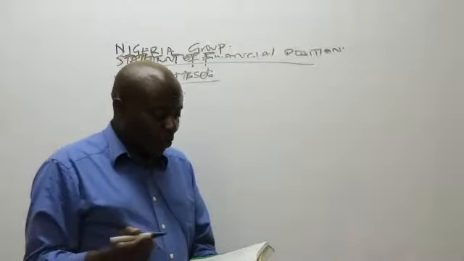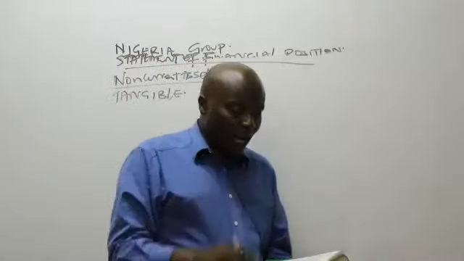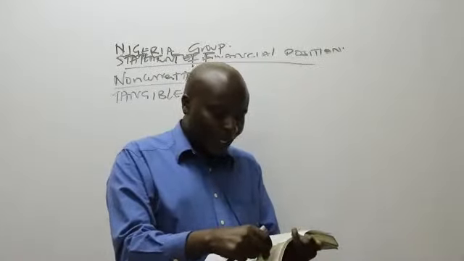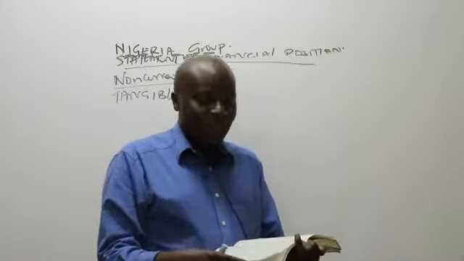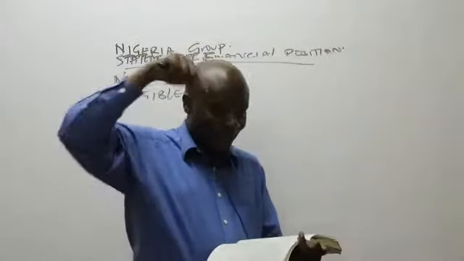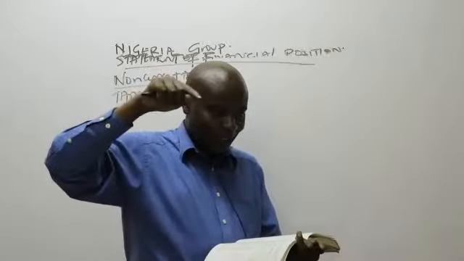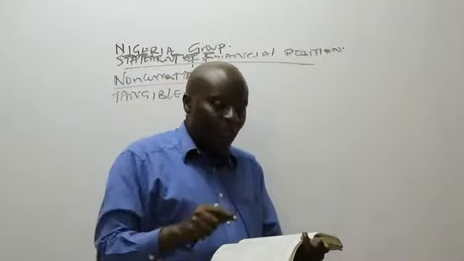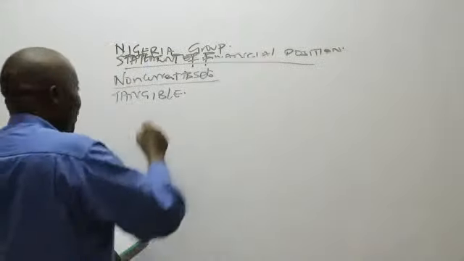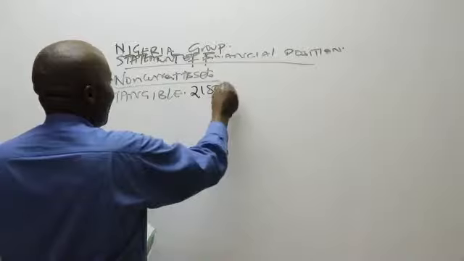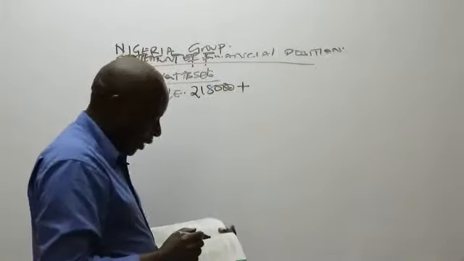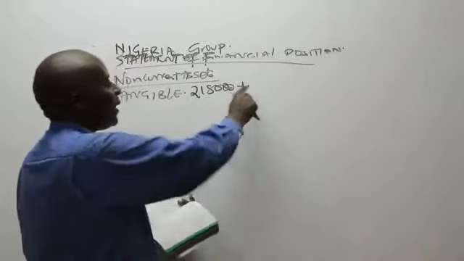So for the tangible, what numbers am I supposed to add? I'm taking the one of the parent. Now remember, I've been able to translate the balance sheet of the subsidiary. The figure of the parent is 218,000 tangible, plus the one of the subsidiary.